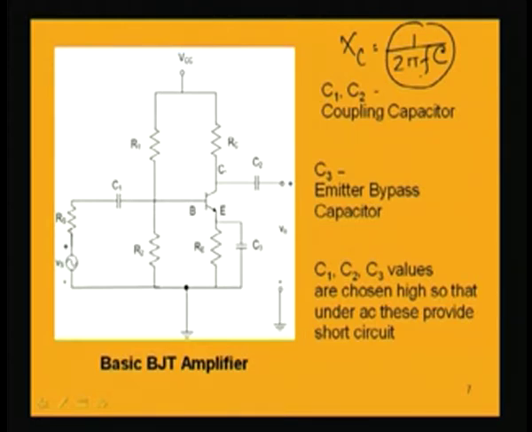Now, in order to draw the AC equivalent circuit for this amplifier, the first thing is that we must make all the DC sources 0, that is, we have to short circuit the DC sources, because we are not interested in DC voltages, which are only for biasing, and we are now concerned about amplification of the AC signal. So, we have to make the DC voltage 0.